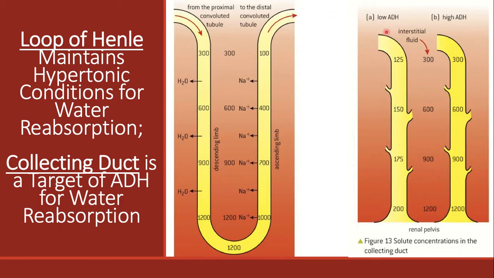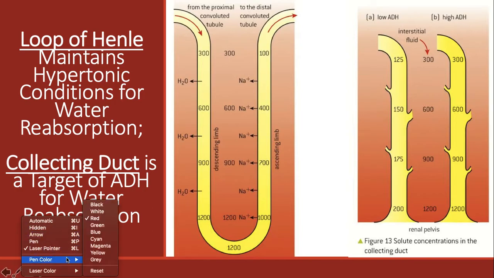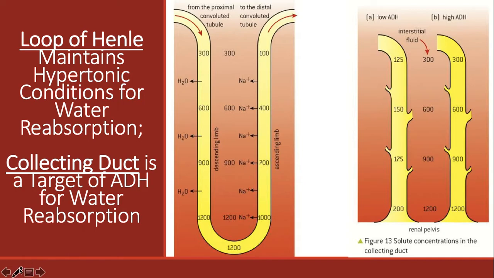If there's low ADH, there's low antidiuretic hormone, there's no channels inside of the collecting duct, so water just stays in the collecting duct and goes out of your body. But if there is high ADH, we're going to have little pores. Let me see if I can draw them. We'll have little pores for water to exit, and they will look like that, and that, and that.